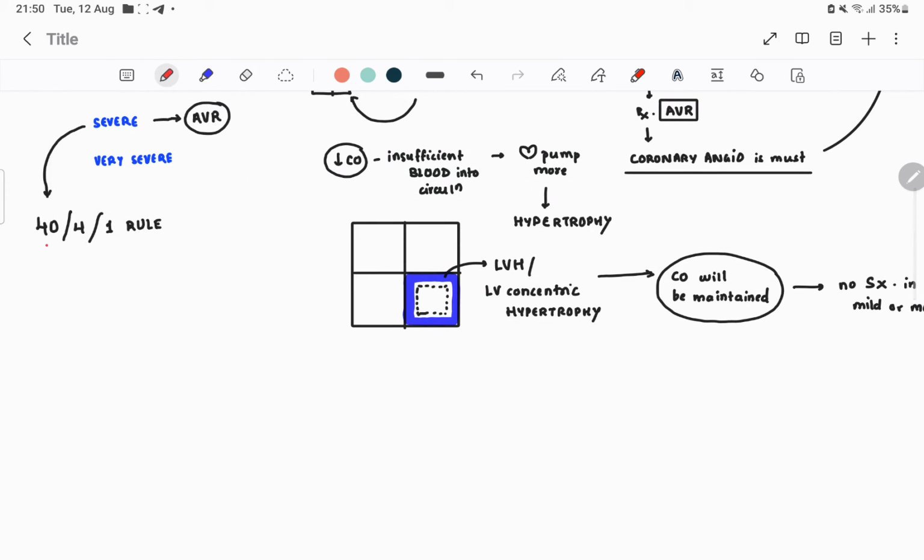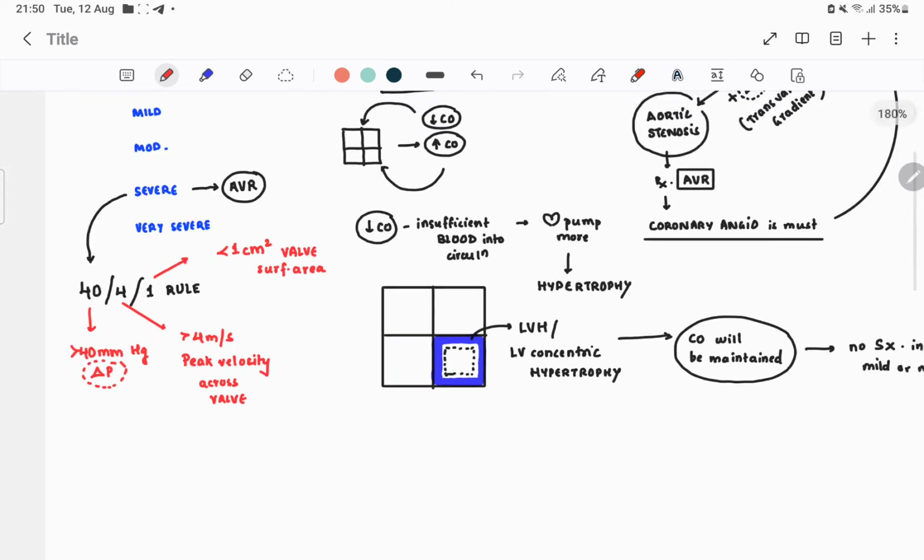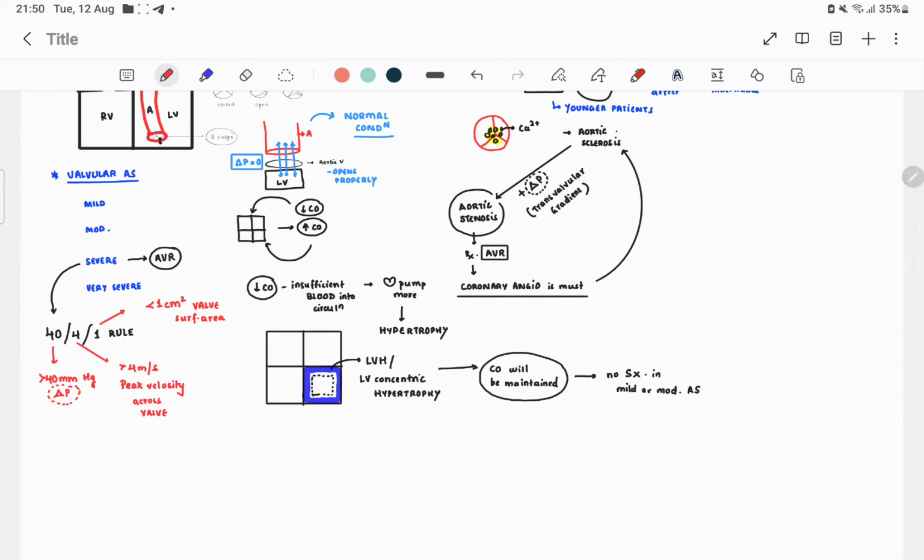The 4-4-1 rule states: more than 40 mmHg delta P, the transvalvular pressure gradient; more than 4 meters per second peak velocity, because whenever delta P increases, the peak velocity across the valve will increase; and less than 1 centimeter square valve surface area. Okay, so these are the things which you have to know.